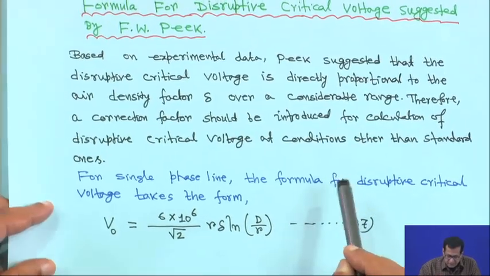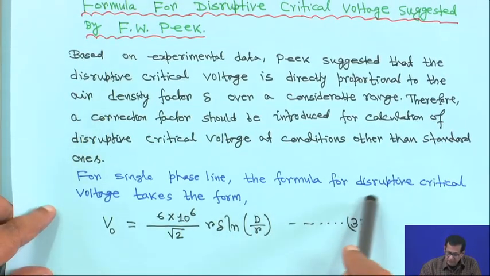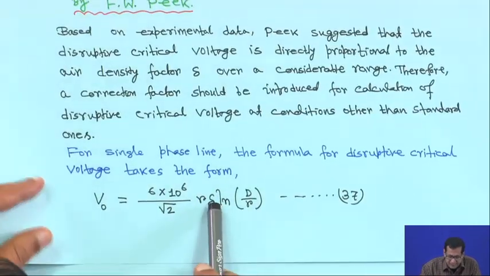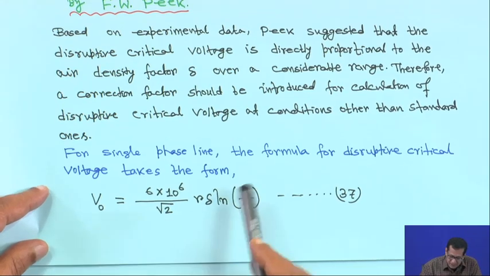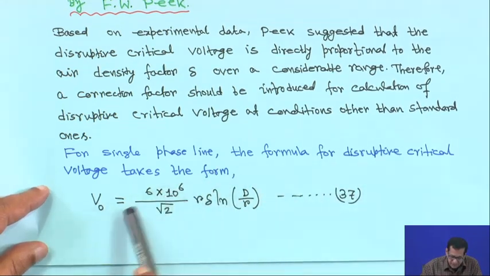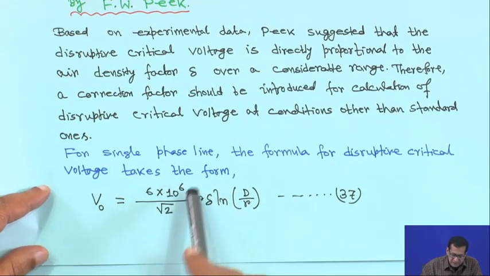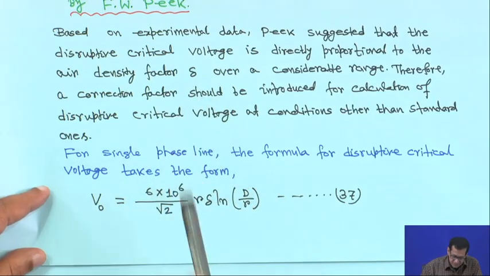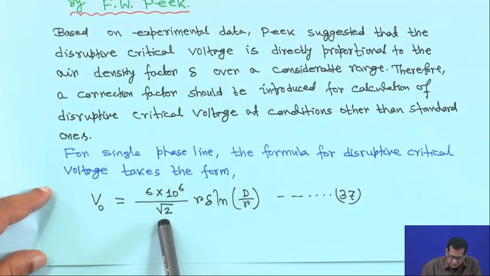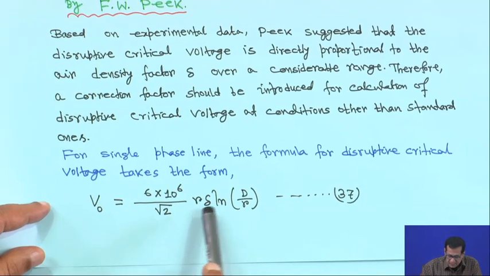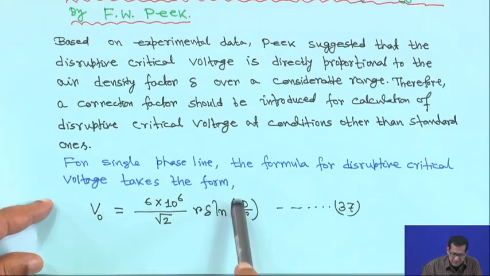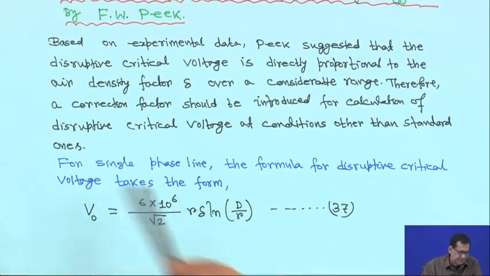Therefore, for a single phase line, the formula for disruptive critical voltage takes the form, everything is the same, only delta is multiplied. So V0 is equal to 6 into 10 to the power 6 upon root 2, this is your RMS value, R delta ln d upon R. So this air density factor delta has to be multiplied.